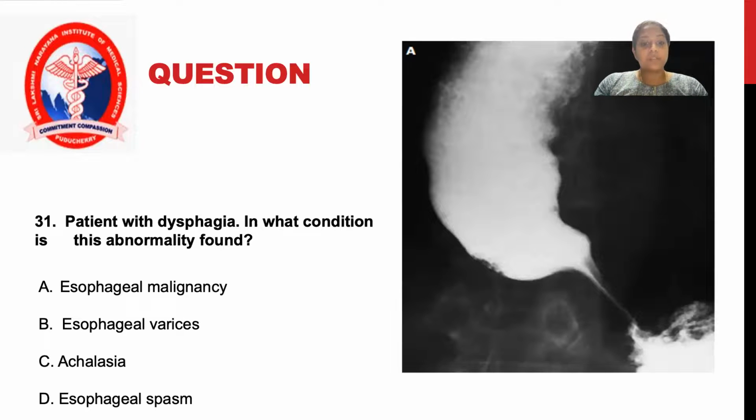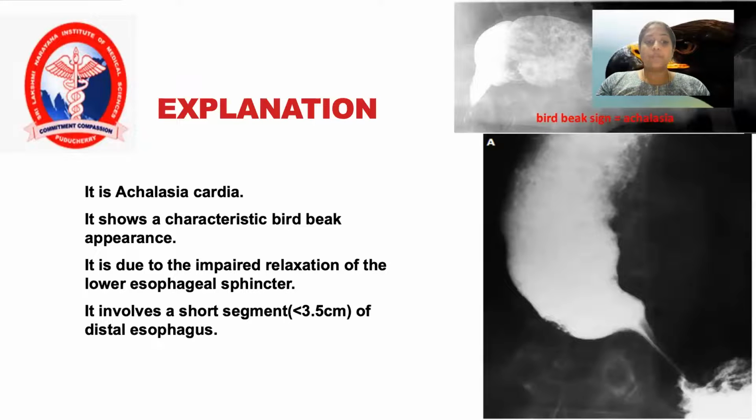In a patient with dysphagia, in what condition is this abnormality found? Is it esophageal malignancy, esophageal varices, achalasia, or esophageal spasm? It is a case of achalasia cardia. It shows a characteristic bird-beak appearance. It is due to impaired relaxation of the lower esophageal sphincter.